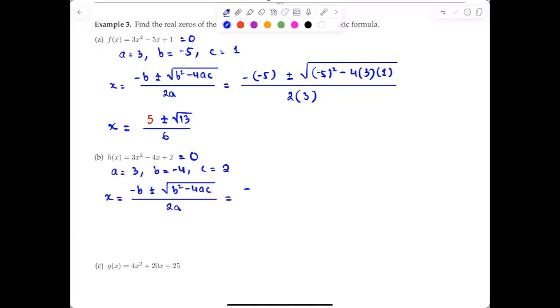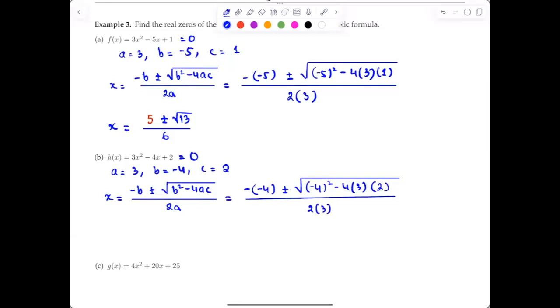Well, that is negative of -4 plus and minus square root of negative 4 squared minus 4 times 3 times 2 all together divided by 2 times 3.